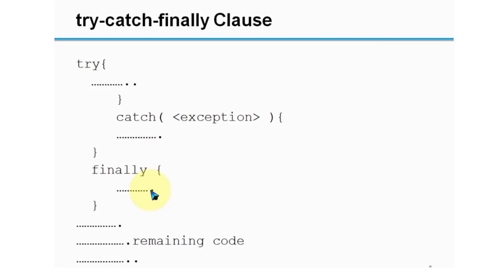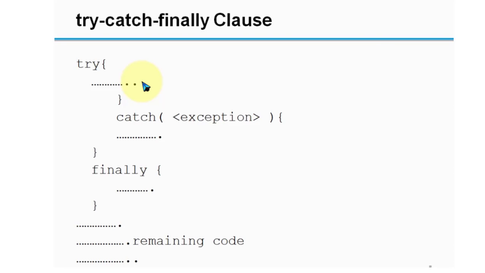That means closing file handling objects, closing database connections, closing multi-threading related instances if there are any. So these closing operations you write in a finally, and after that the remaining code. So don't write the whole code in a try block. Now what is the use of the try block?